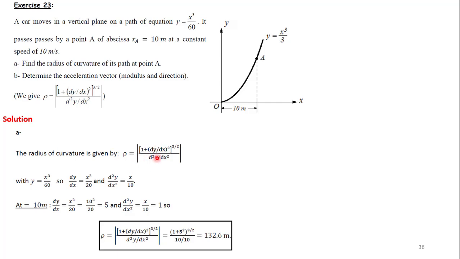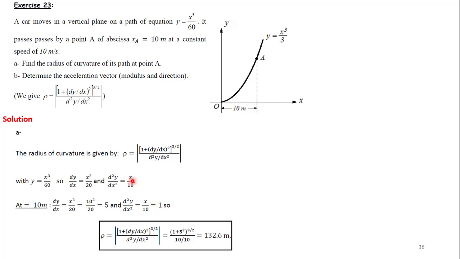Now we need to find d2y over dx squared. This is the derivative with respect to x of dy over dx. So we need to differentiate x squared over 20, which is 2x over 20, so it's x over 10.